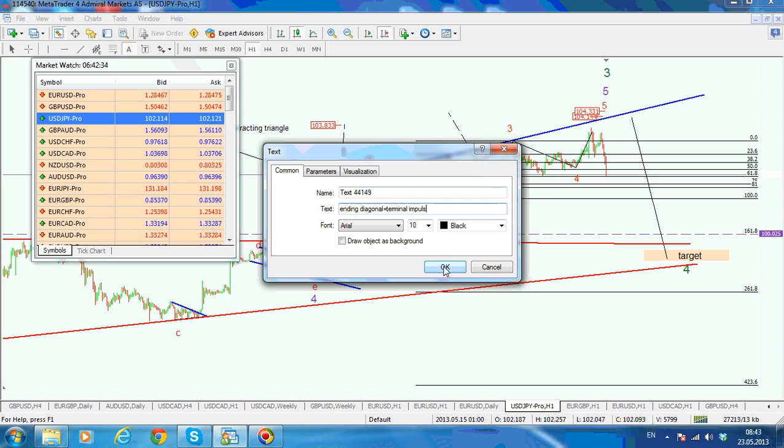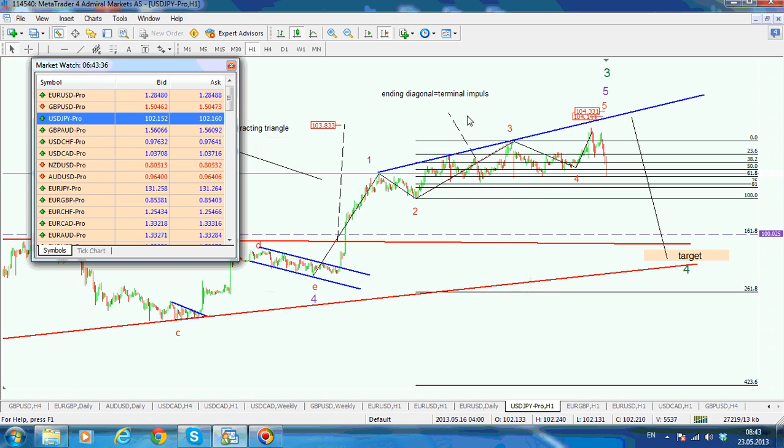And this terminal impulse has at least one wave that needs to be extended. In our case, from the fourth wave to the fifth, you have 1, 2, 3, 4, 5. So the first wave is extended 161.8 of the third wave, and you know that we tested this in the previous recording.